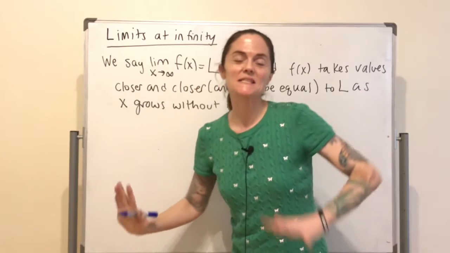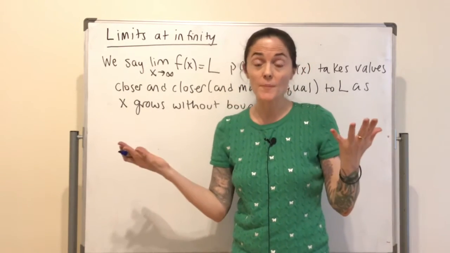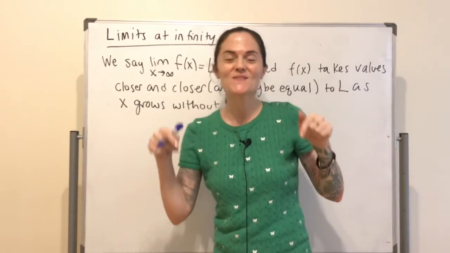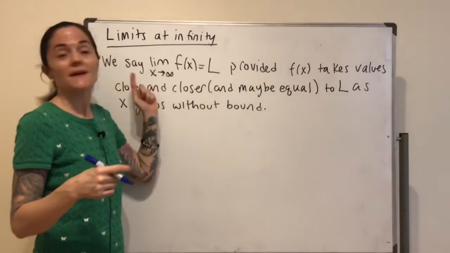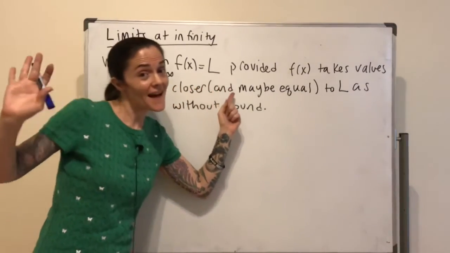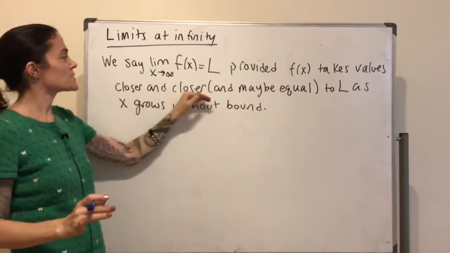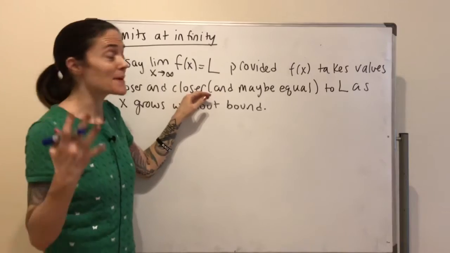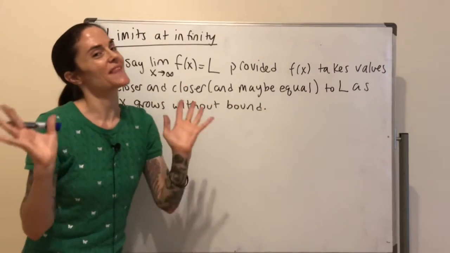Now let's discuss limits at infinity, which is the last main topic I will get to in this video. And we say the limit as x approaches infinity of f of x equals capital L, provided f of x takes values closer and closer and maybe equal to capital L as x grows without bound.